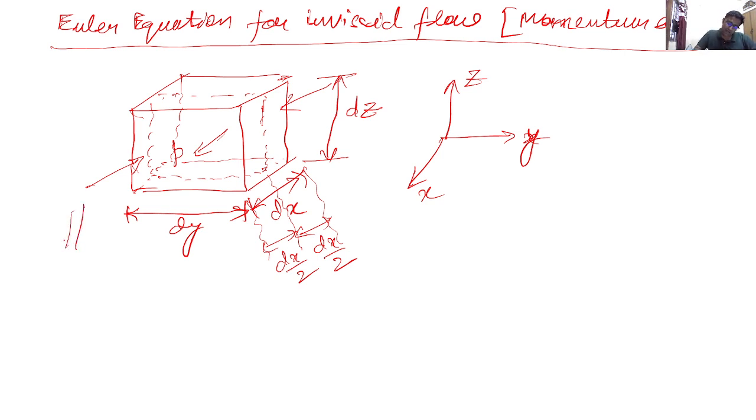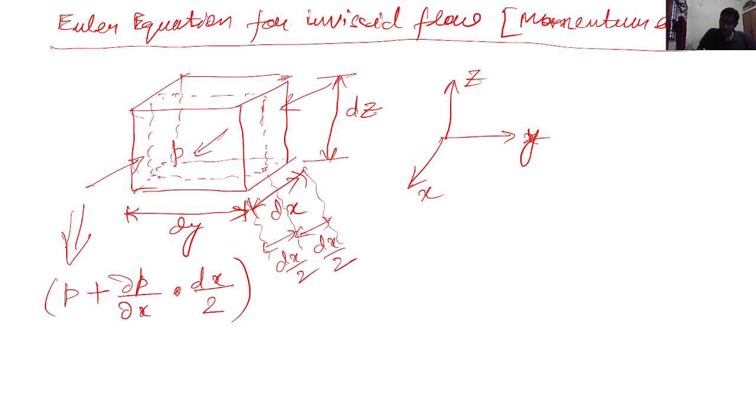So the pressure at this face would be equal to P plus an increment, del P by del x, because the pressure change along the dx direction, multiplied by the length traversed by it, that is dx by 2, because it was right at the center. Then multiply this pressure by the face area just to convert this pressure into force. The face area we can see is dy times dz.